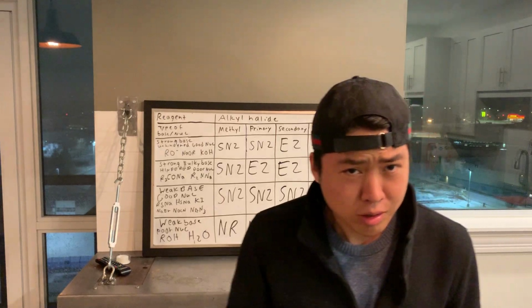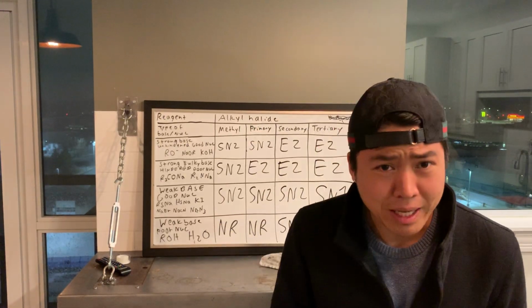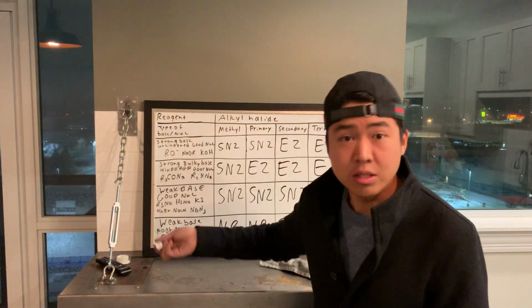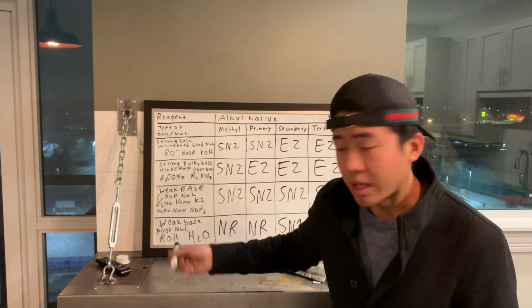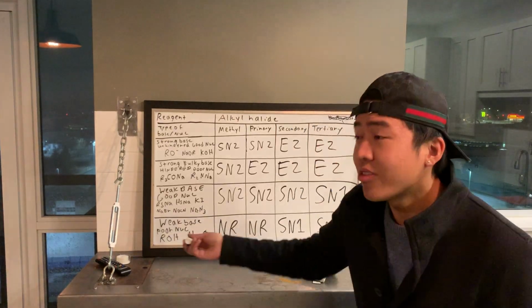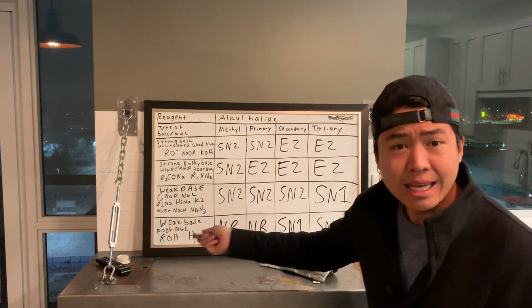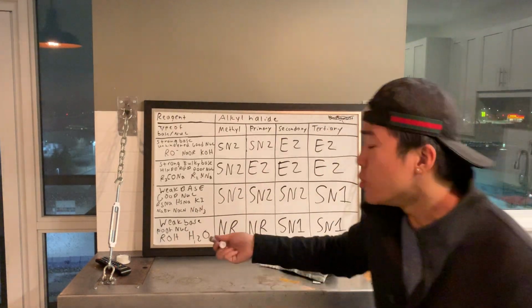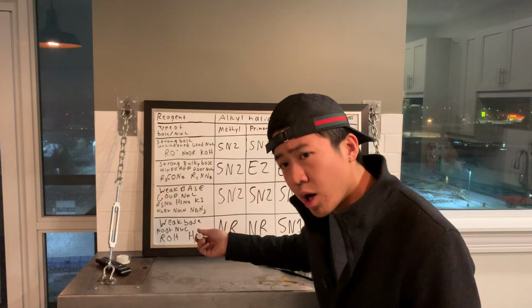Like if you're water or an alcohol, you're a weak base and a poor nucleophile. That's it. So you have to make sure you know these. That if I see water, I can't think SN2. But I'll go through each scenario with you, but you have to know that water and an alcohol is a weak base or a poor nucleophile.